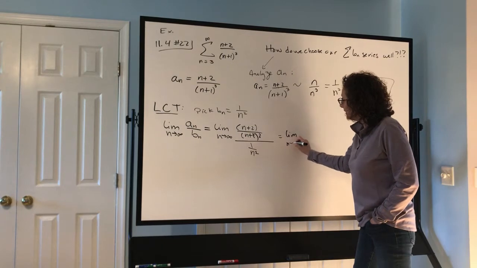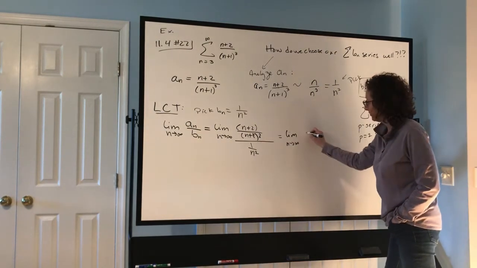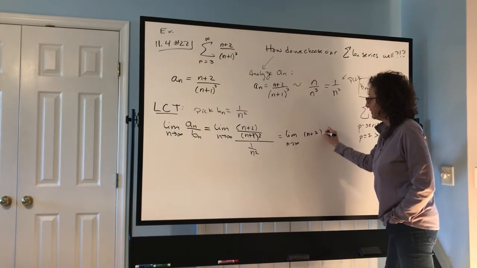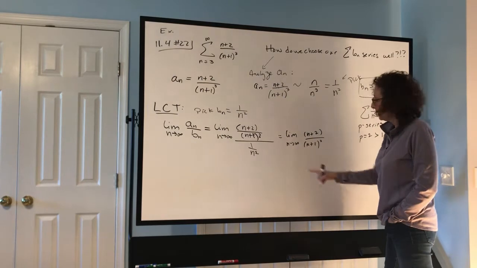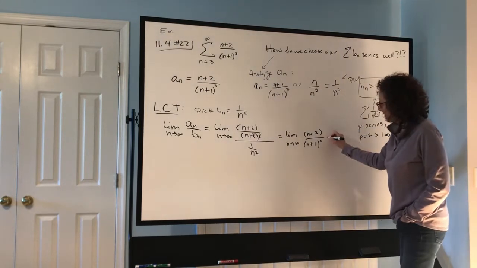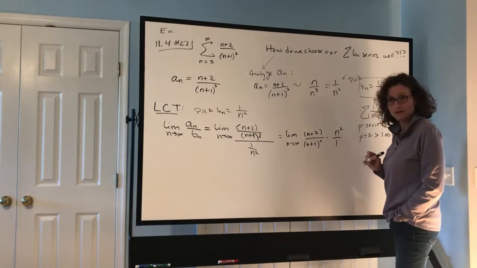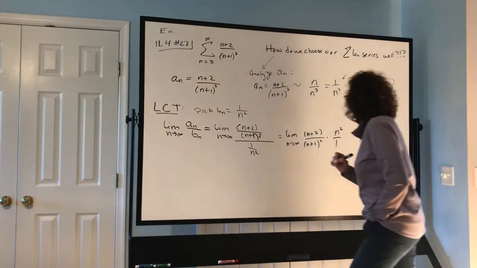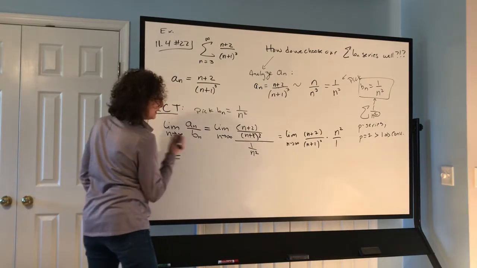So this is the limit as n goes to infinity. What is that the same as? I've got that fraction, which is n plus 2 divided by n plus 1 quantity cubed, right? And then this guy flips up, so that's times the reciprocal, n squared over 1. Yes? Are we good? Okay, so let's keep going along with our nice limit calculation.